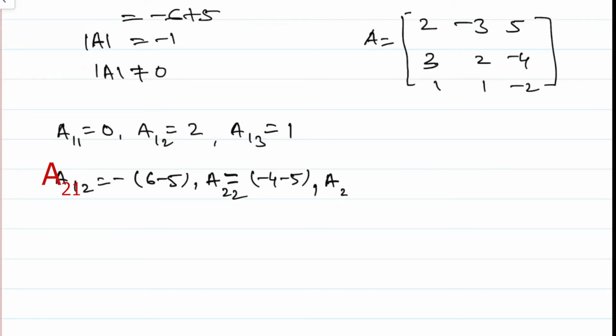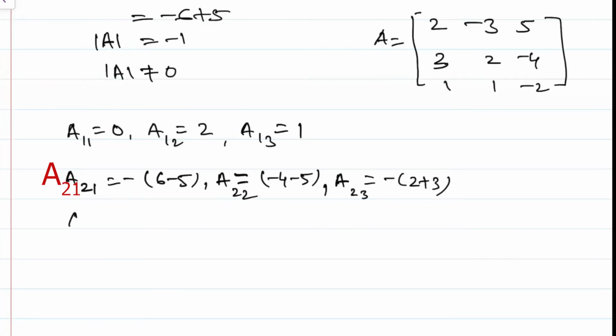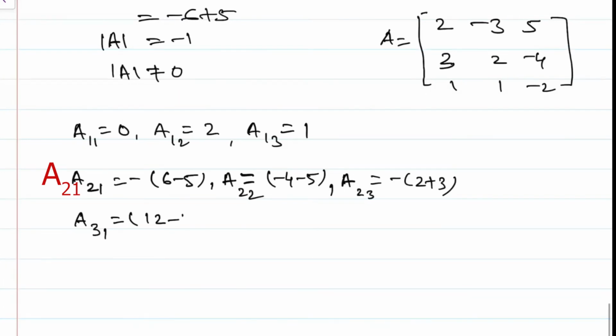A22 is equal to minus 4 plus 5. A23, as 2 plus 3 is an odd number, minus of 2 plus 3. A31 is 12 minus 10. A32 is minus 8 plus 15. A33 is 4 plus 9.